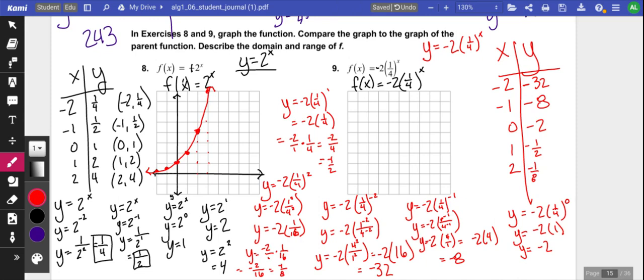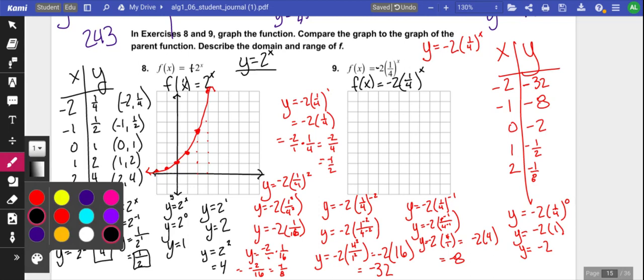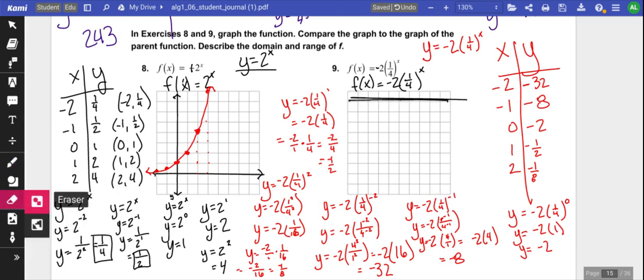So I'm going to start plugging these in. I need to decide where I'm going to draw my x and y axis. I have a lot of negative numbers here, so this is going to look a little bit different than the one I just drew. I'm going to give myself plenty of space with these negative y values. Okay, so I'm going to have my x-axis right here. I don't have any positive y values, so I'm going to draw it here. That's pretty ugly. I'm going to try that again.